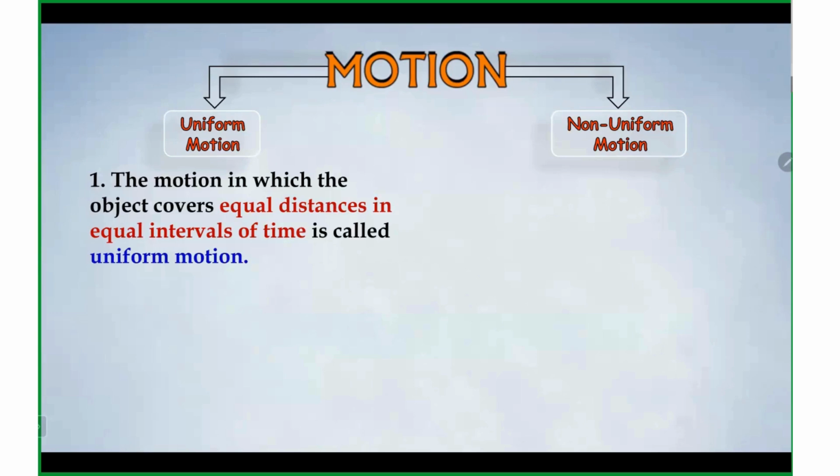If time intervals are equal, distances are equal. Don't you think speed is uniform here? Yes. So motion in which an object covers equal distances in equal intervals of time is called uniform motion. What is a non-uniform motion?